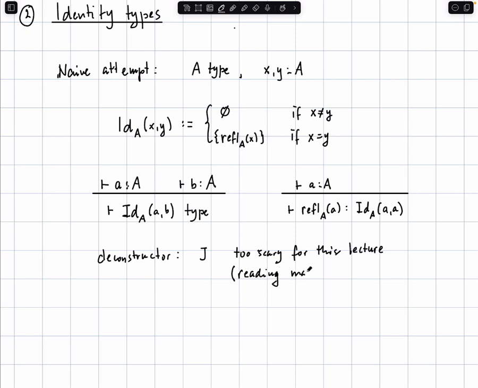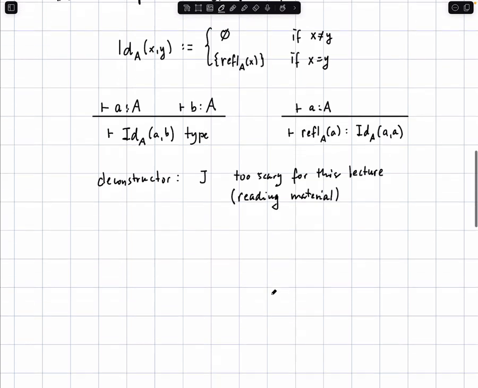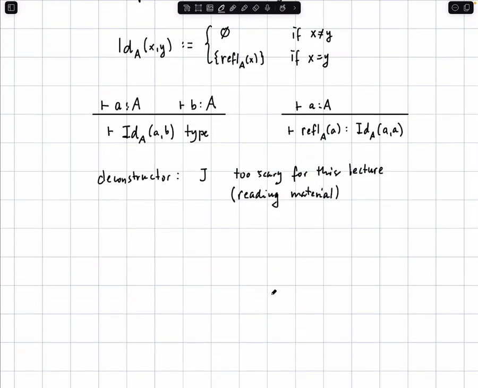Why am I doing this? Because if I wrote down the J now, first of all, I would make a mistake. Then, after I fix the mistake, I would try to explain this to you. Then it would be 11 a.m. and you still wouldn't really get much from it. This is really something that we don't want to look at, but we can say what it should be.